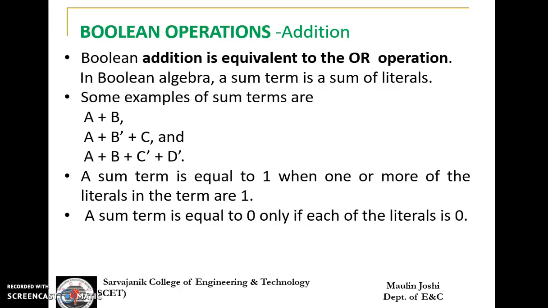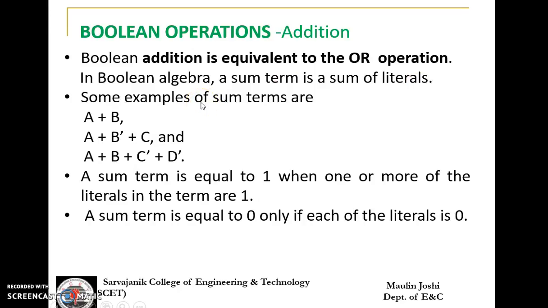If we start with the Boolean operations, the first one is addition. Boolean addition is equivalent to the OR operation. In Boolean algebra, the sum term is a sum of literals.